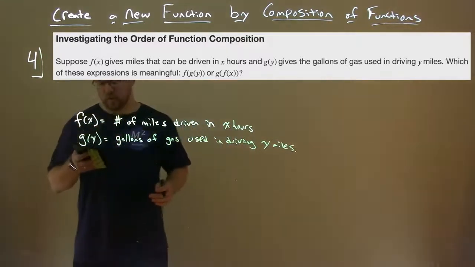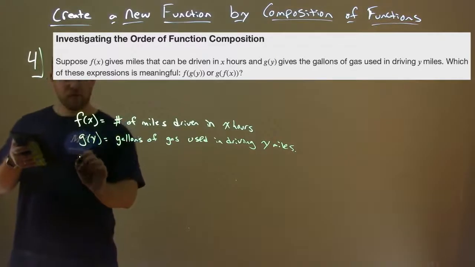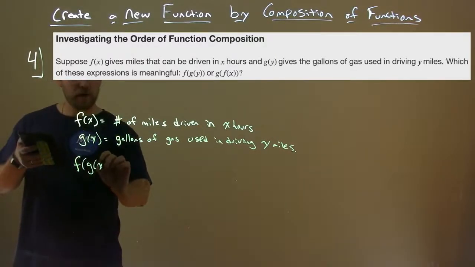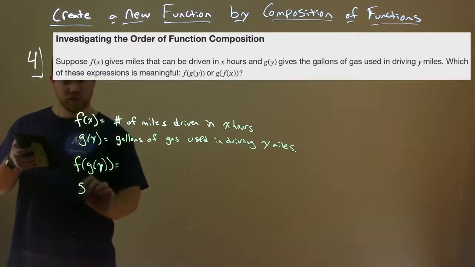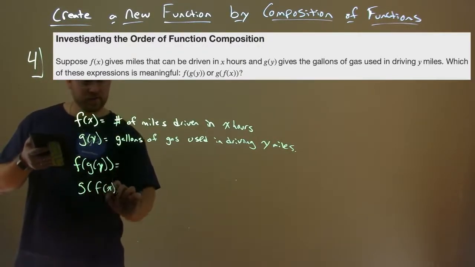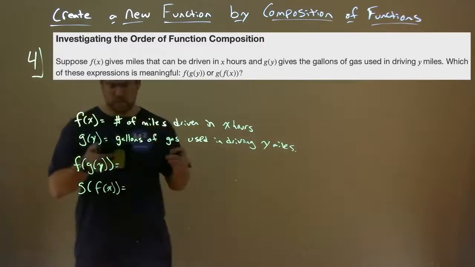So what we're going to do is interpret what the two values are. What is f of g of y, and what is g of f of x? And which one's actually meaningful?